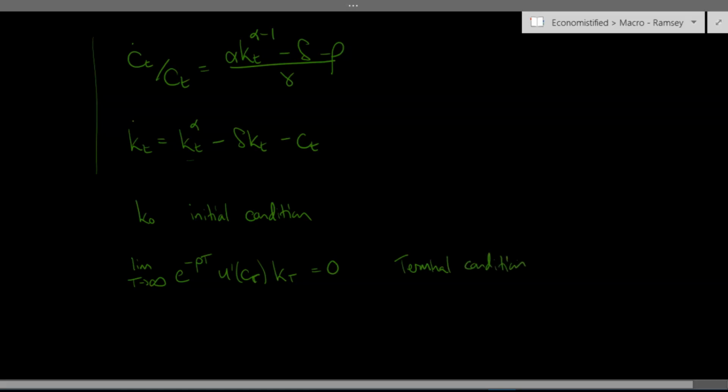This will allow us to find the optimal path of consumption and capital from any arbitrary initial condition for our Ramsey economy. And in the next video, I'm going to show you some phase diagrams, which are graphical representations of these dynamic equations, which hopefully give you a little bit more intuition about what these equations actually mean for the optimal paths of consumption and capital. So thanks very much. I'll see you in the next video.